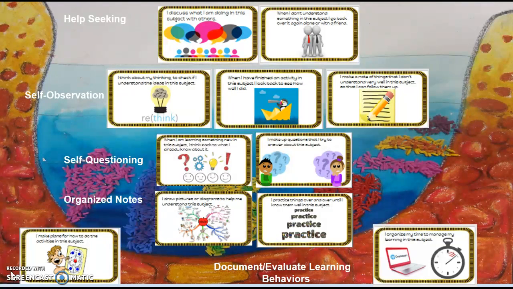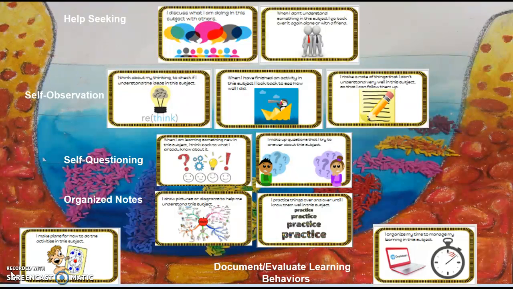The posters that Mrs. Faust and I have been using during this session, I've separated into the 5 different categories. The help-seeking strategies, the self-observation strategies, the self-questioning strategies, the organized notes strategies, and then the document and evaluate learning behavior strategies.